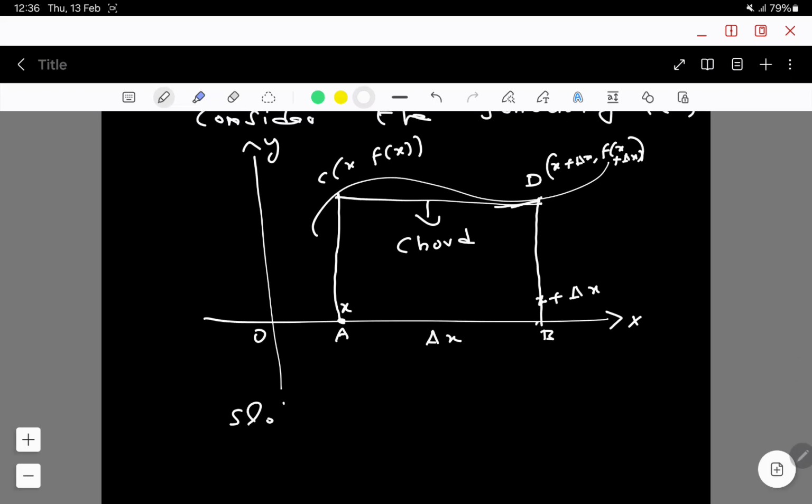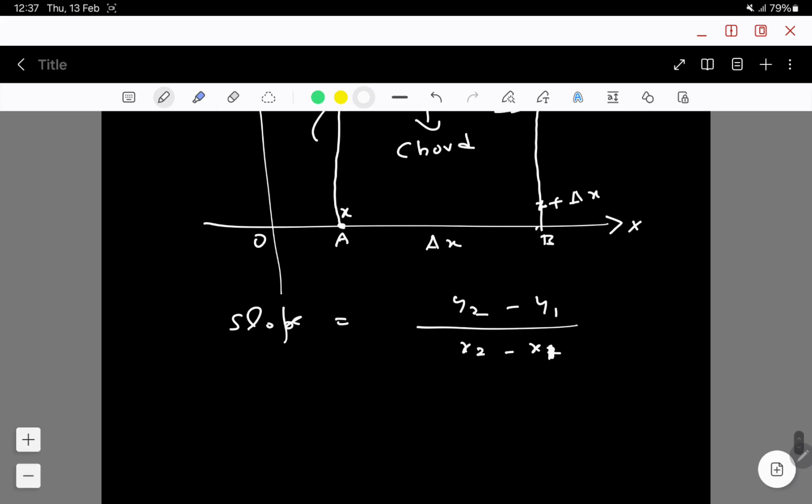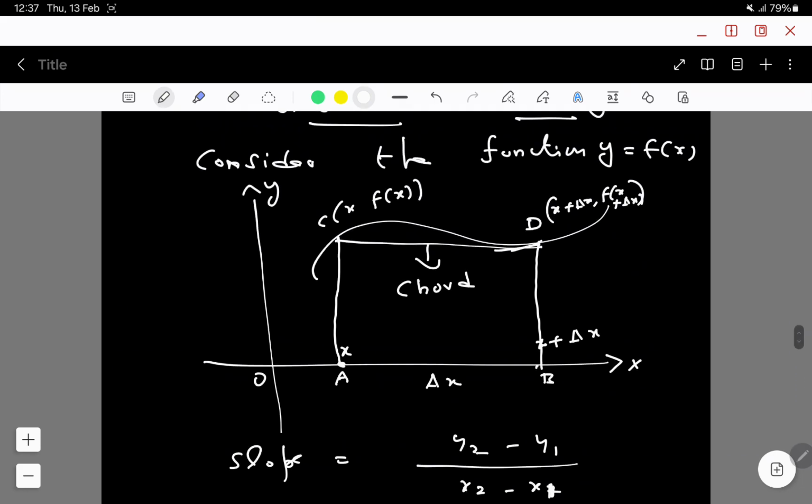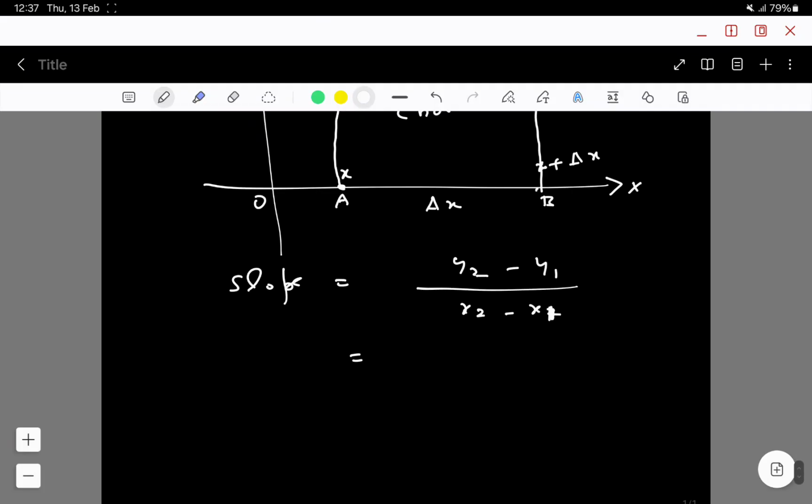We know about slope. It is the ratio between the difference of y values and the difference of x values, that is, rise by run. That is called slope. That is y2 minus y1 by x2 minus x1. Here x1, y1 is x comma f of x, and x2, y2 is x plus delta x and f of x plus delta x. We substitute.